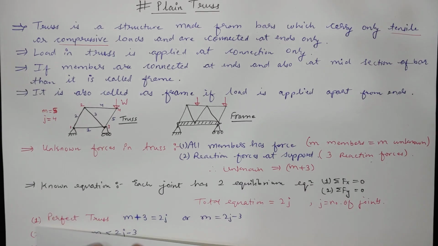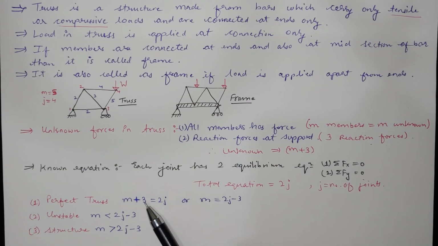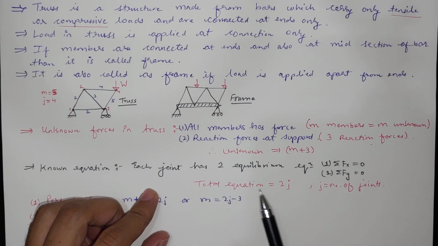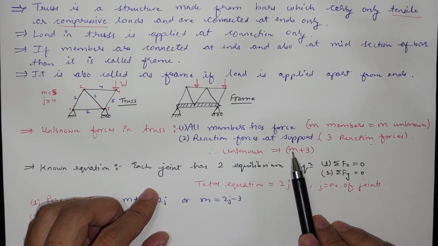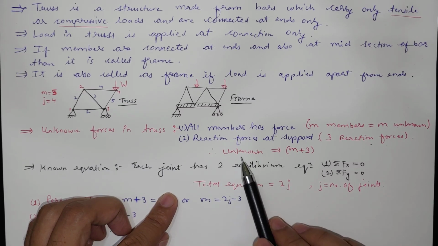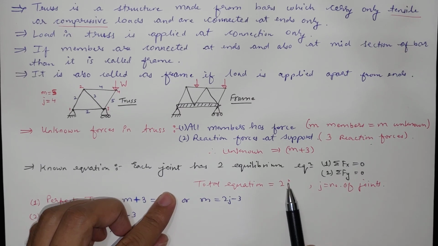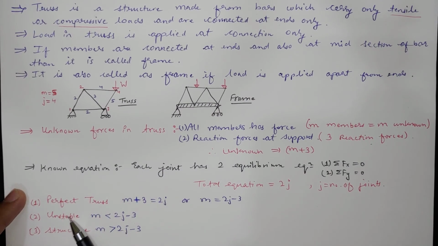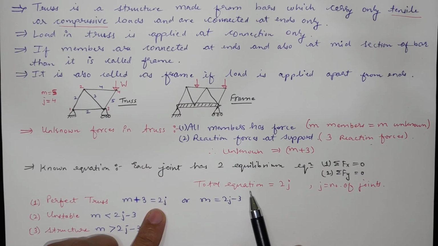Now we have three conditions. In one case, total unknown will be equal to total equations; in another, total unknown forces will be greater than the number of equations; and in the third, total number of unknowns will be less than total equations. Here M plus 3 unknowns will be equal to the number of total equations.